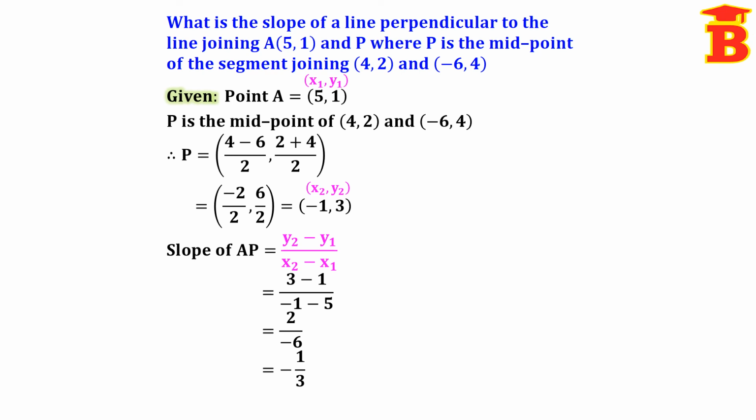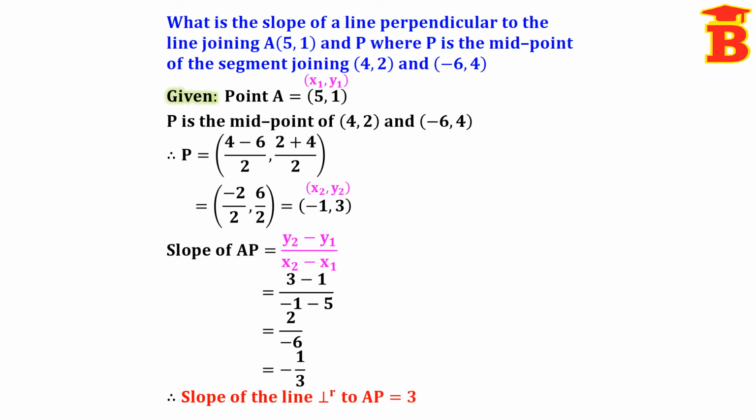We have to find the perpendicular slope. So the question is slope of a line perpendicular to the line joining AP. So we have to take the perpendicular slope of this. So to find the perpendicular slope, the method is that we have to take reciprocal and change the sign.